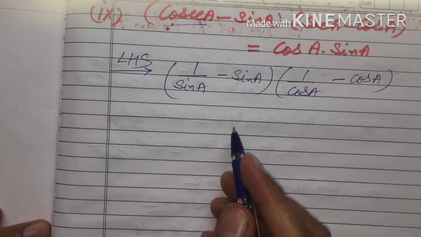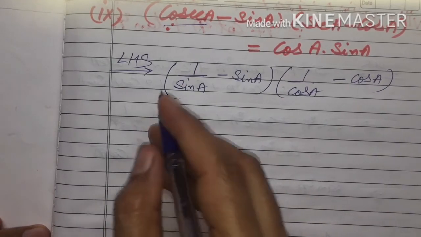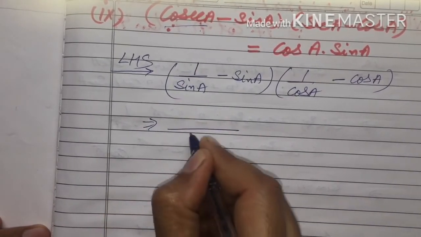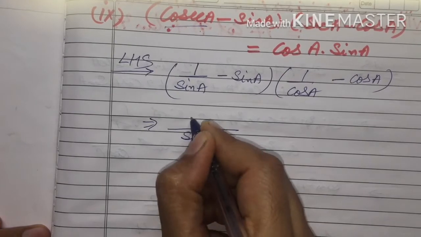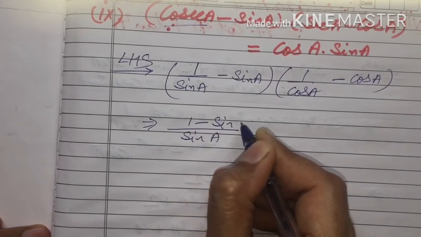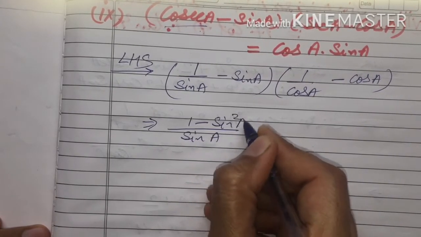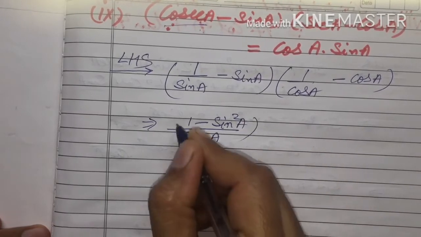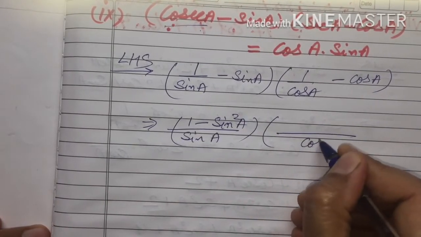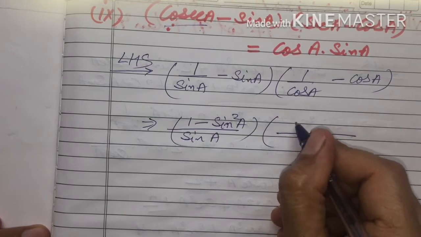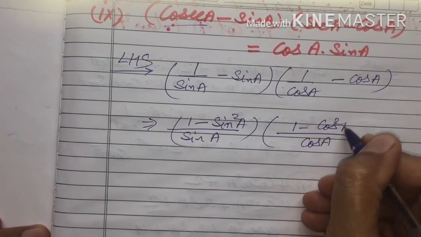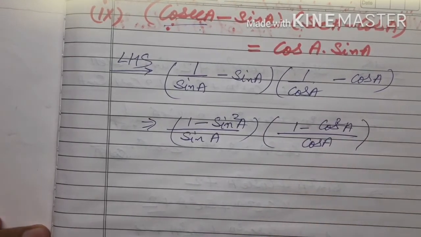So in the bracket we will take LCM, so it will become sine A, 1 minus sine square A, and in this bracket cos A in the LCM, 1 minus cos square A. This is in the second bracket.